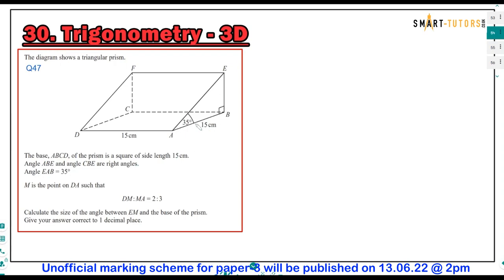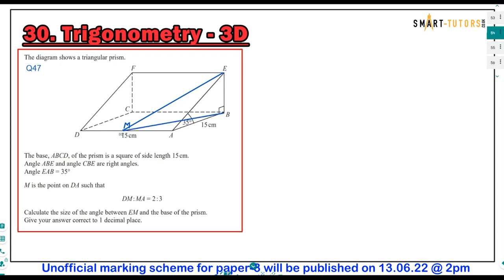EAB is 35 degrees. M is the midpoint of DA, so this is M, and DM to MA is 2:3. Calculate the angle between EM, so E to M, and the base.